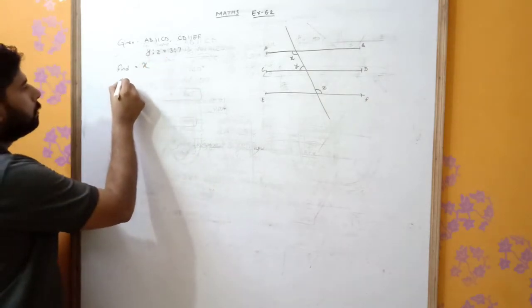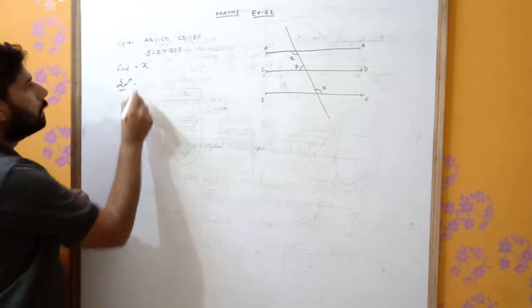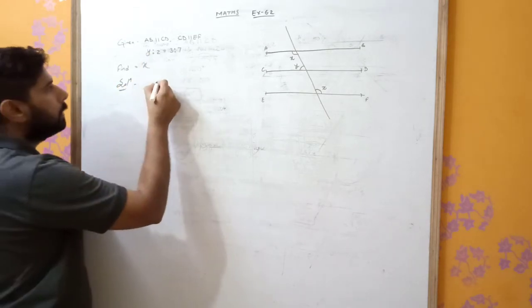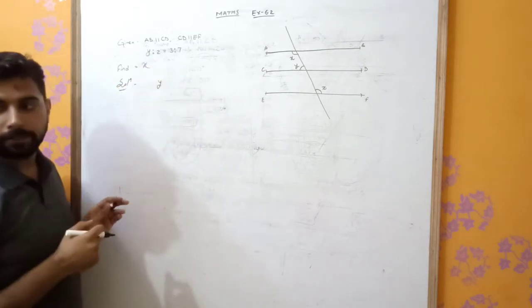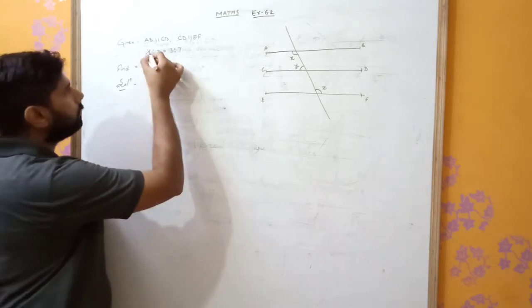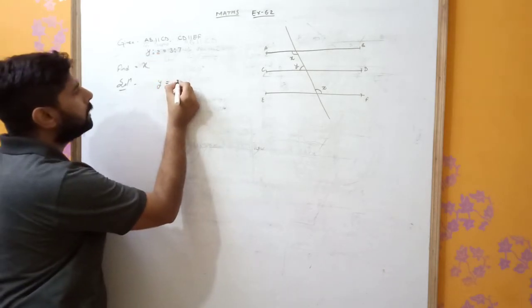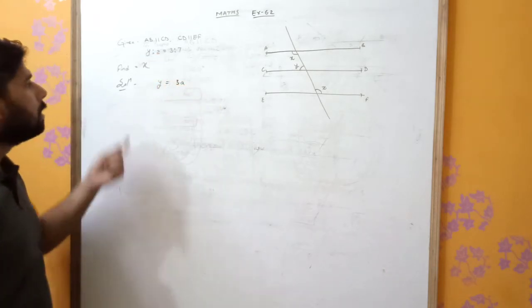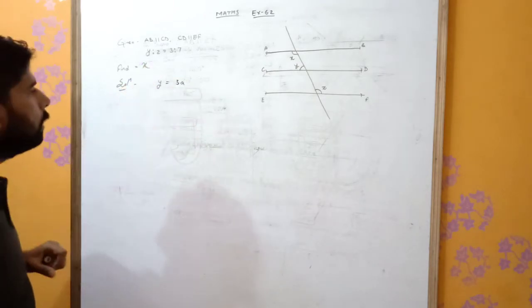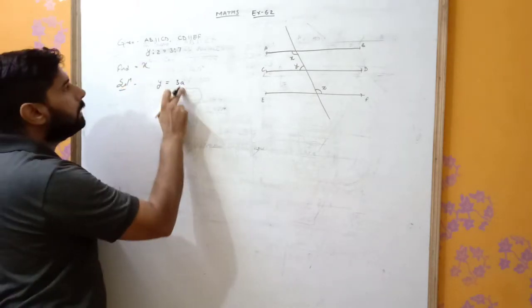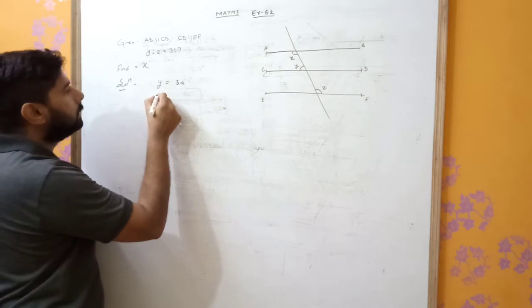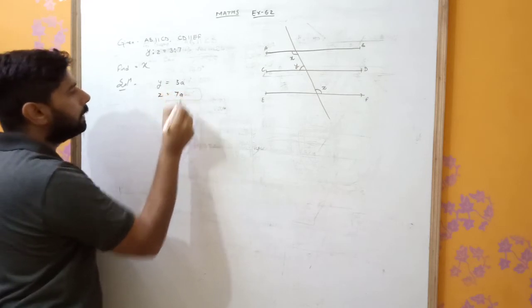I have told you that if a ratio question is there, that means we have to take it as a variable. Here we take y equals to 3a. Why not x? Because x we already have to find out, x is already used here. So y we take as 3a for the ratio and z we take as 7a.